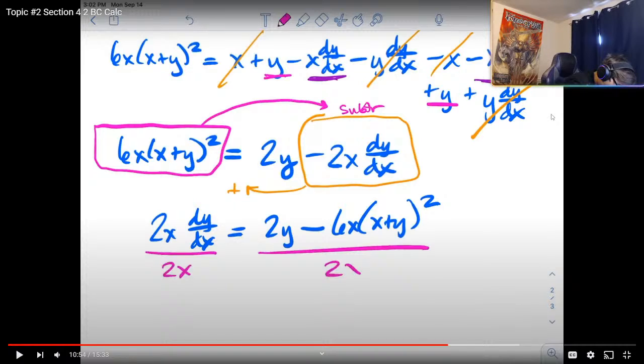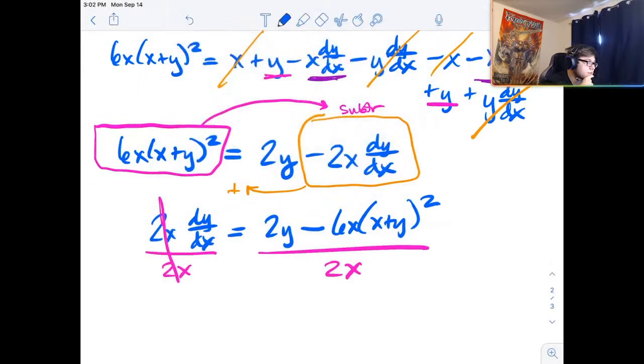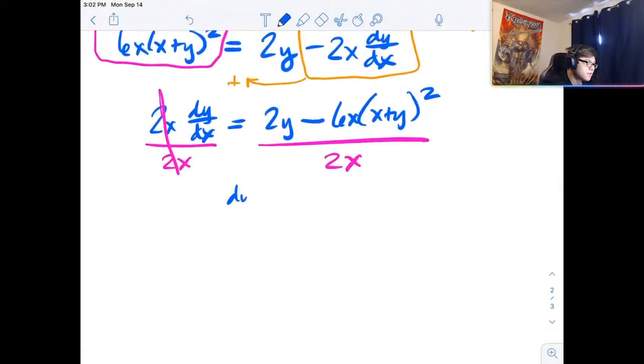So then you would get dy over dx is equal to 2y minus 6x times x plus y squared, and then it'd be all divided by 2x. I don't think you could reduce that because the 6x is stuck to the quantity x plus y squared. And I do believe that my final answer would look something like this.